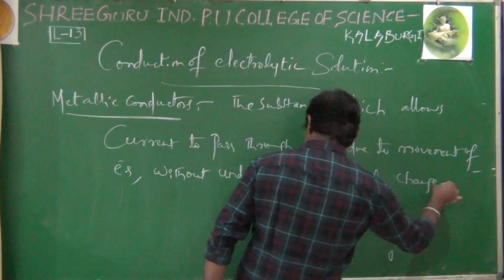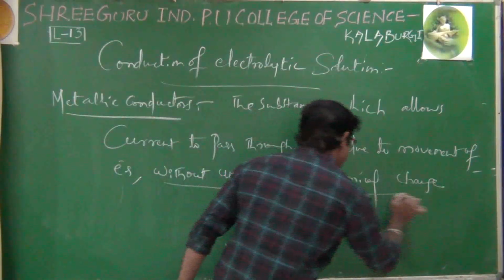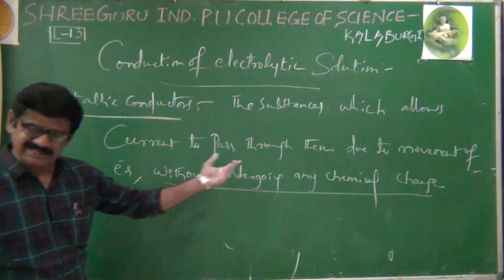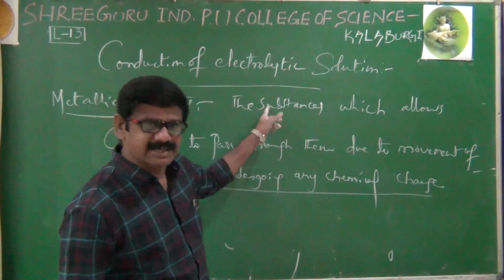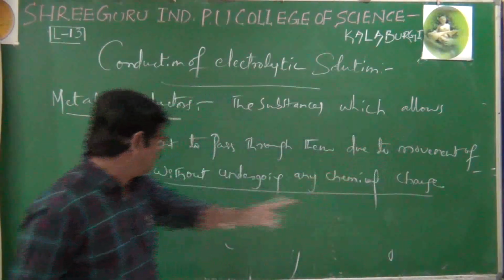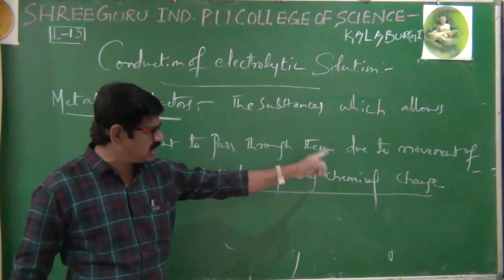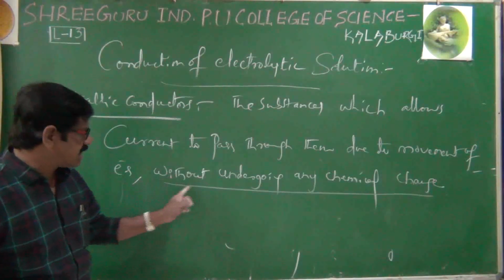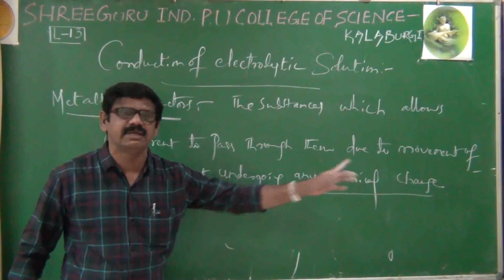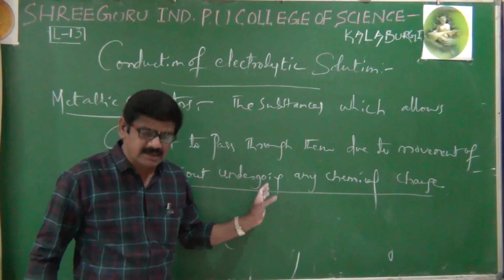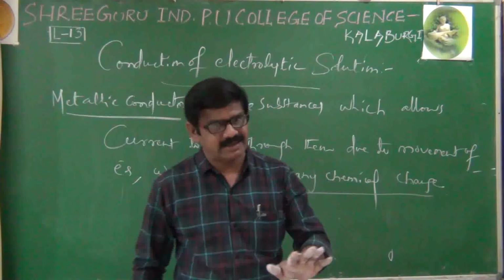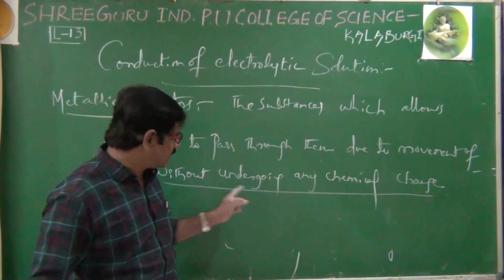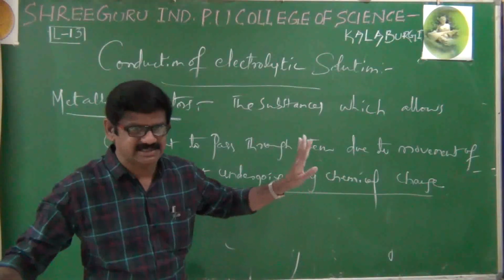Without undergoing any chemical change is a very important point. This is called metallic conductors, nothing but electronic conductors. Here, oxidation and reduction reactions do not take place. That is what is called a chemical change. No chemical change at all.